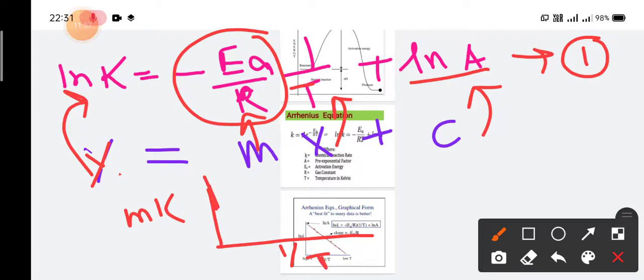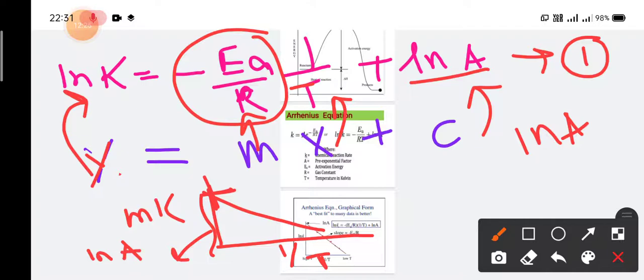It will start from the higher region, as it is not starting from 0, 0, the origin, because there is an intercept, and the intercept is ln A. So this will start from here and it will go like this, and this intercept is ln A. And what will be the slope? The slope will be minus Ea by R.